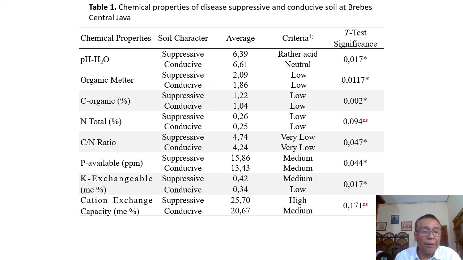For example, in previous research, a kind of fungi that can increase the availability of P has been shown to suppress the development of moler disease.